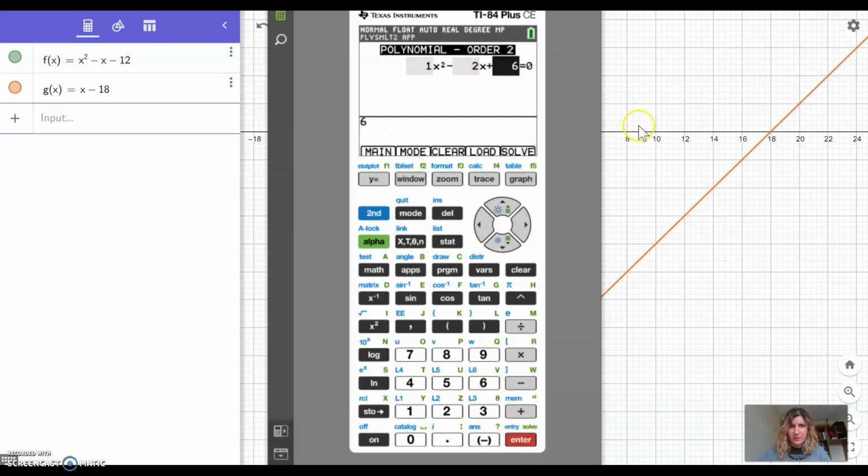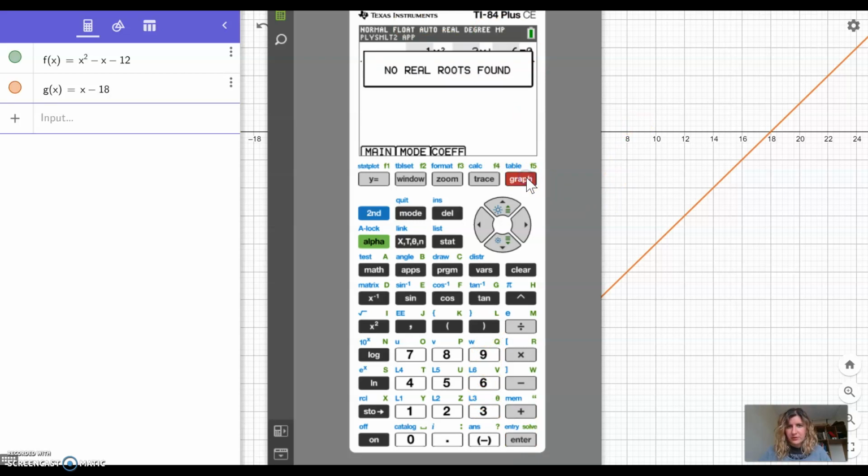So that's perfect at the moment. If I now solve this, you can see there are no solutions, no real roots. That's like a math error. So no solutions. These lines will not intersect with each other at all.